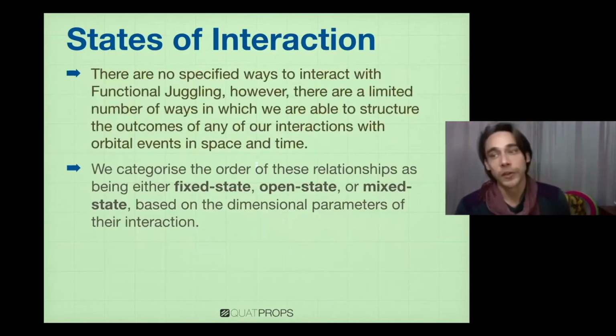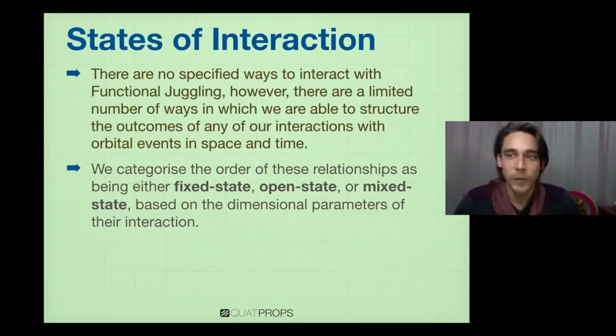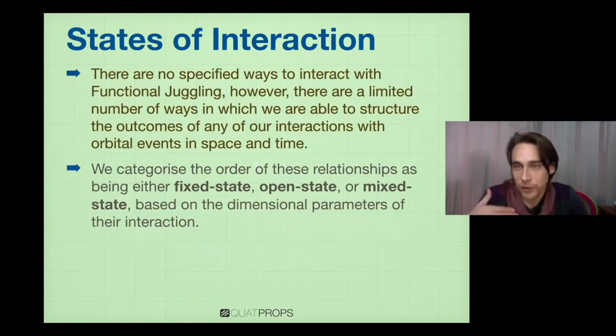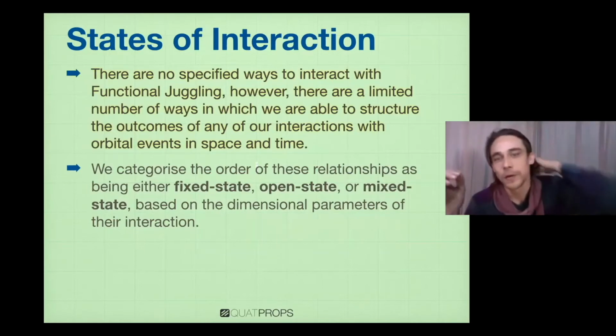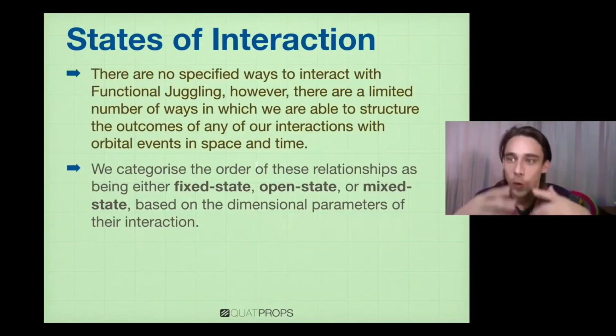The next thing we need to do is look at the states of interactions that we're going to be working with. So there is no specified way to interact with functional juggling. So we're not talking about the action I use to produce my experience, but we're talking about the relationship of the orbit. What type of orbital event can I interact with?